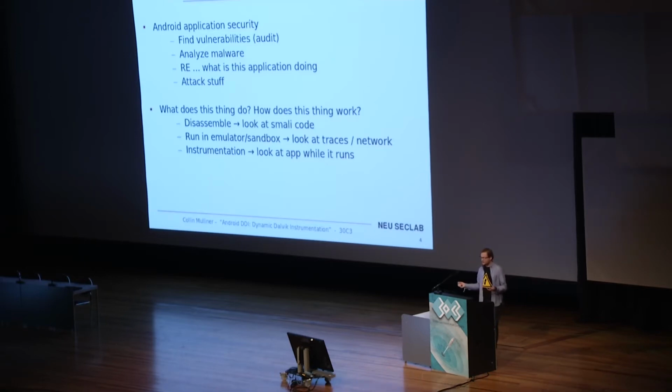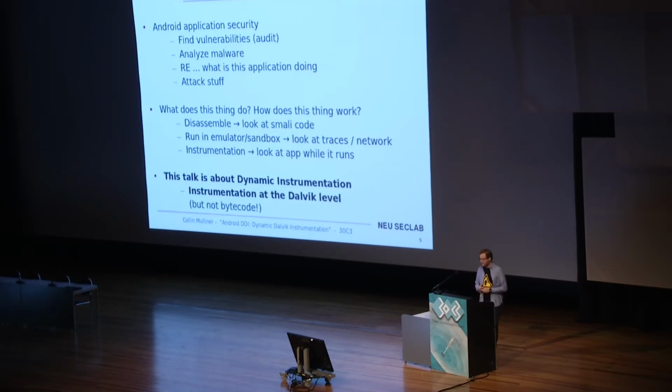Currently, people were just disassembling Dalvik code, looking at the Smali output, or running an application in an emulator or a sandbox and looking at the execution traces or network traces, or maybe doing some static instrumentation, so adding some code to an application. But this talk is really about dynamic instrumentation. So at runtime, and we're not going to really look at bytecode, so you don't need to worry that you have to know about Dalvik bytecode or anything. It's a much cleaner, easier way to do instrumentation.